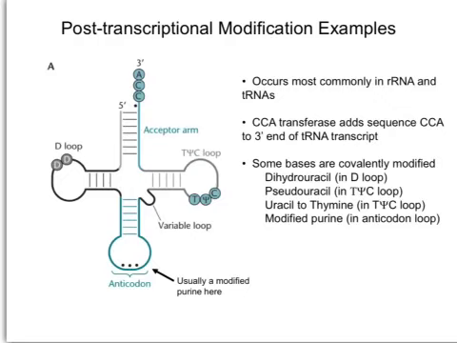You recall that thymine is not normally present in RNA, but in this case we have a T in the RNA because it was modified from uracil to thymine. And in the anticodon loop, usually right in this position, there is often a modified purine. So these modifications occur post-transcriptionally and are most common in tRNA and ribosomal RNA.